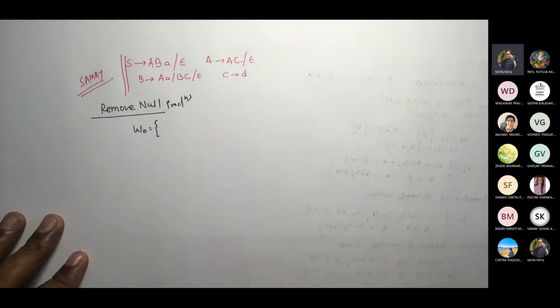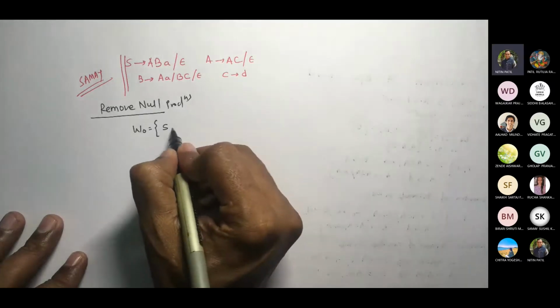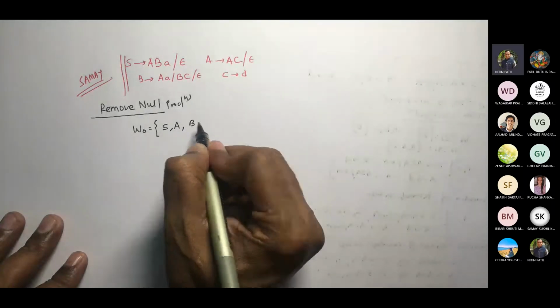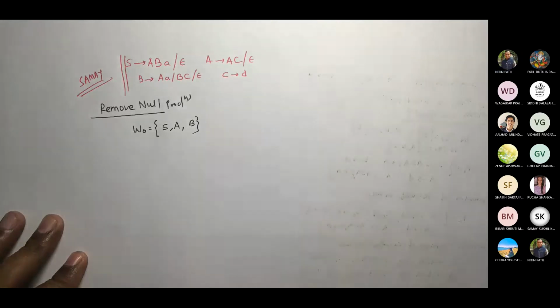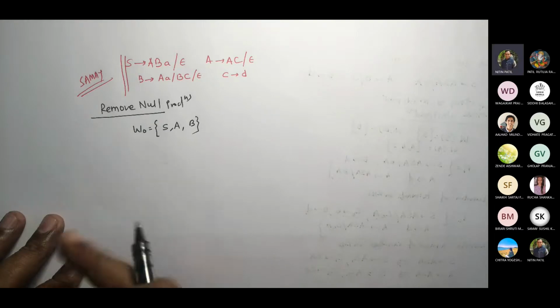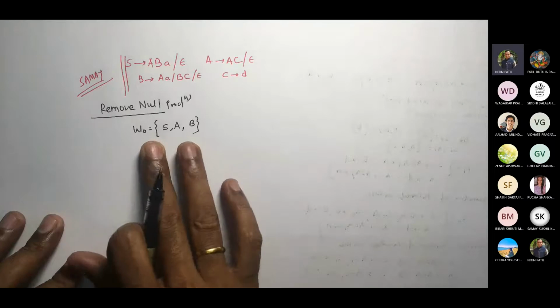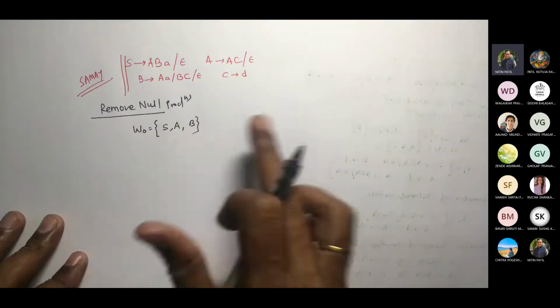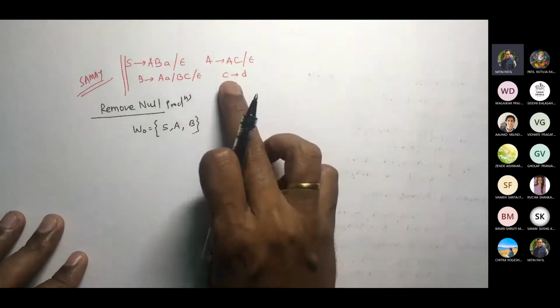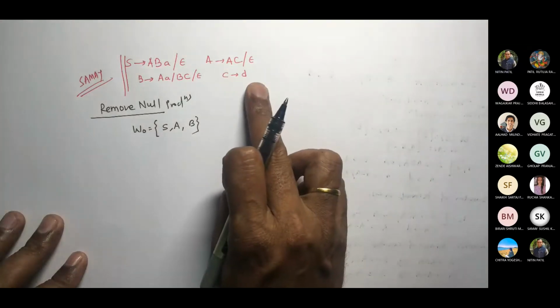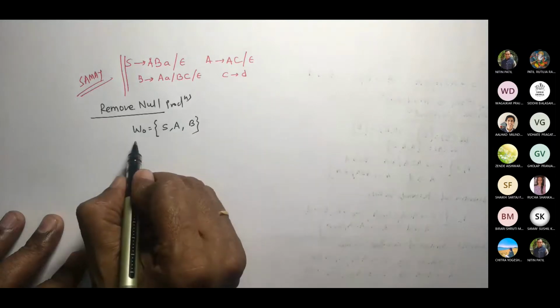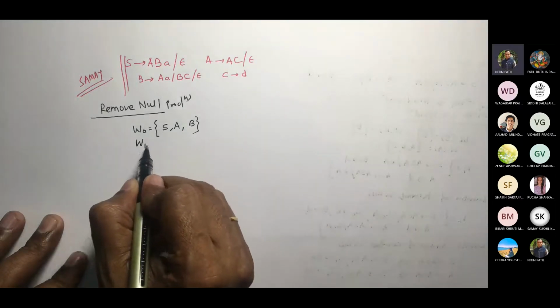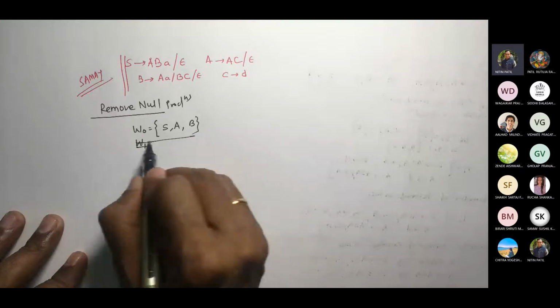Those giving you epsilon. So they are S, A, and B. Am I right? Yes, sir. So you stop there only. Why? Because these are the ones and you cannot get more. Because C is not having anything other than this terminal. So W would be this. The set of nullable variables will be this.